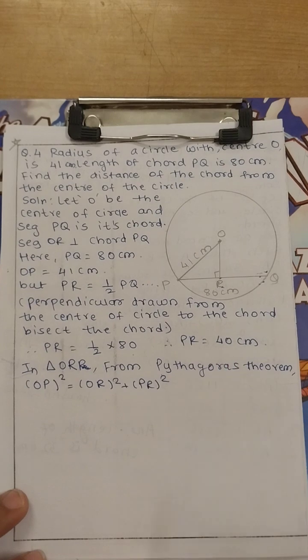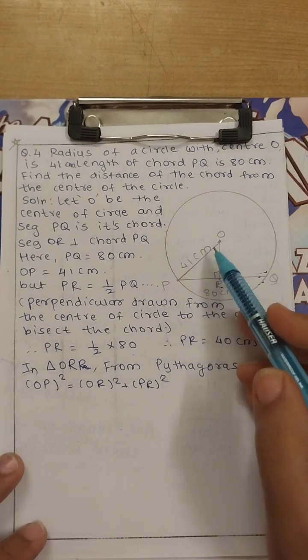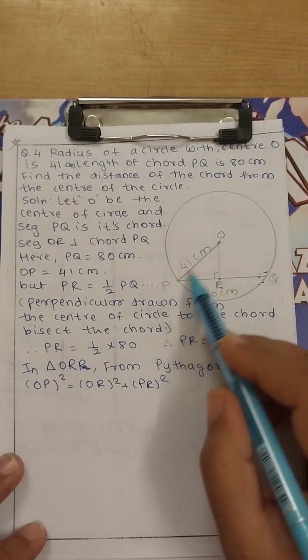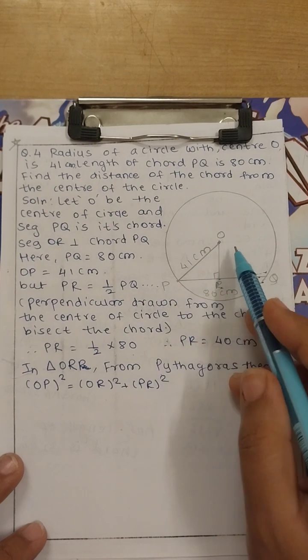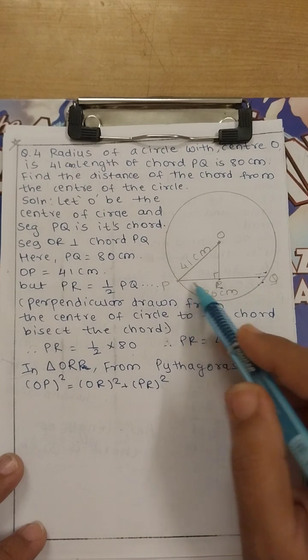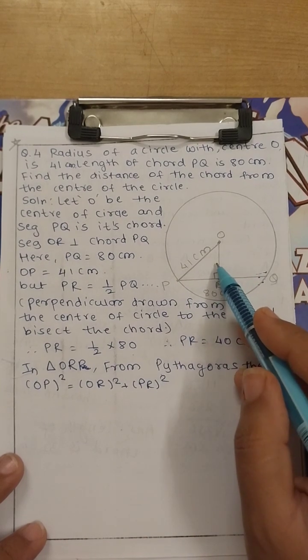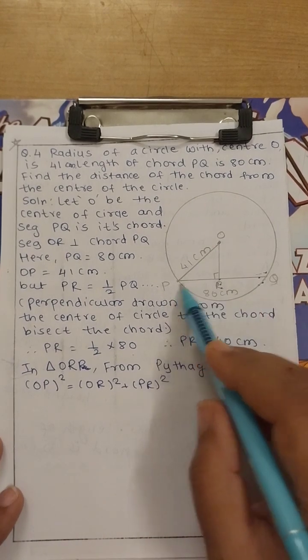Now, in triangle ORP, you can see that the triangle is formed. From Pythagoras theorem, OP square is equal to OR square plus PR square. We have to find out the value of OR, which we don't have, but we have the values of OP and PR.